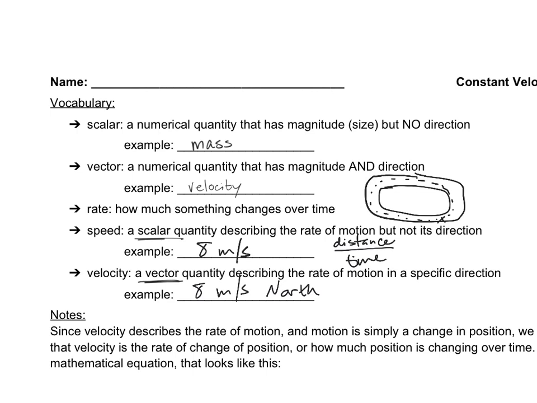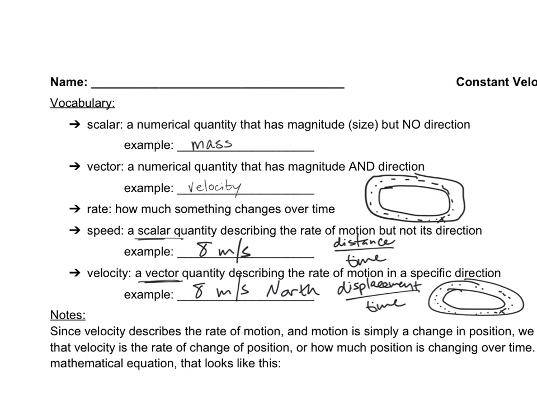But velocity is displacement over time. So what happens is when you run around the track, your distance is 400, how long your path length was, but your displacement is how far you ended up from where you started. So if you start and end at the same position, your displacement is just 0.